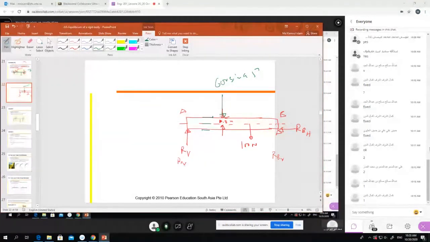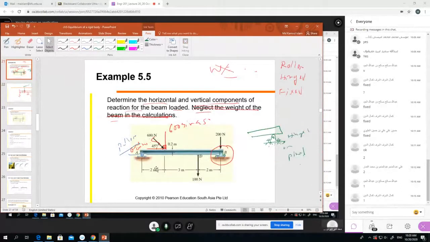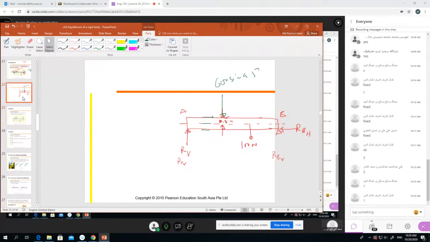It will work on the top surface, right? So our force will work here. You need to understand where the force is working. So this is 600 cos 45 degree, okay? Not this force, not this. All right, so now the free body diagram is complete.